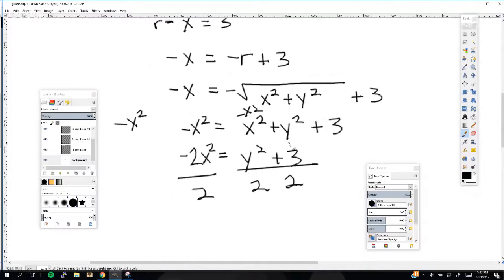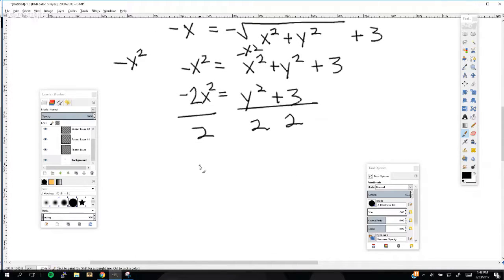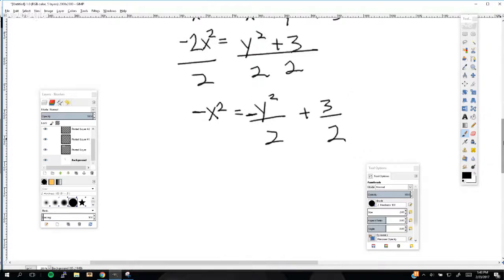Then you minus both sides by x squared, which makes the left side become negative 2 times x squared. Divide both sides by 2. We still have negative x squared equals y squared over 2 plus 3 over 2. If you multiply both sides by negative 1, you get negative y squared. Should be right.